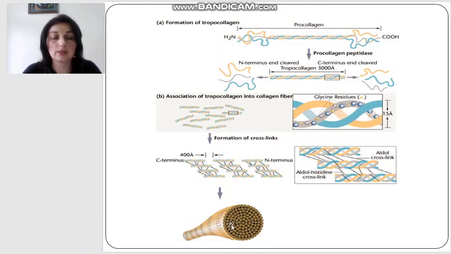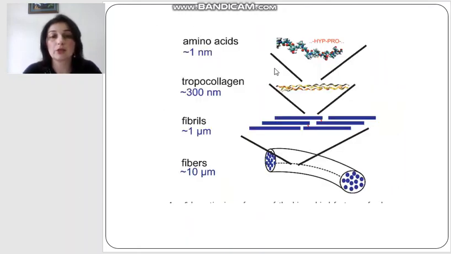Pay attention. Here we now will look: amino acids, their diameter is 1 nanometer, then tropocollagen 300 nanometers in length. Fibrils will be 1 micrometer, and the fibers will be more than 10 micrometers.